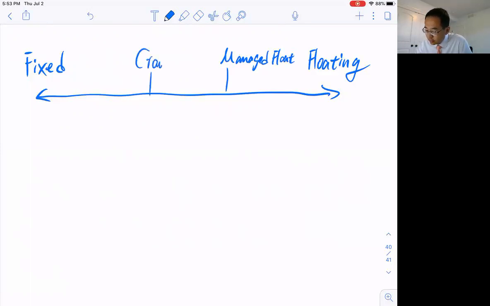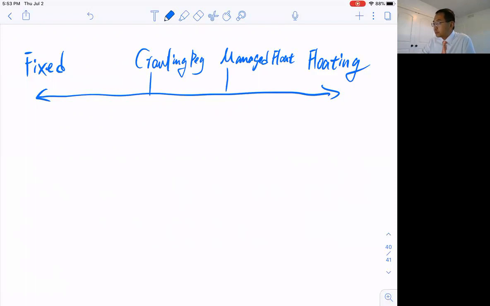So all sorts of different systems that countries can choose to have, and we will talk about the pros and cons of the major ends of the spectrum, so you can understand what is going on.